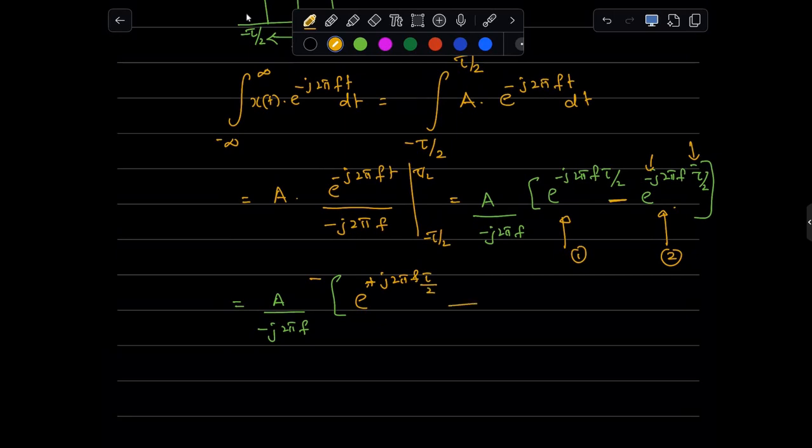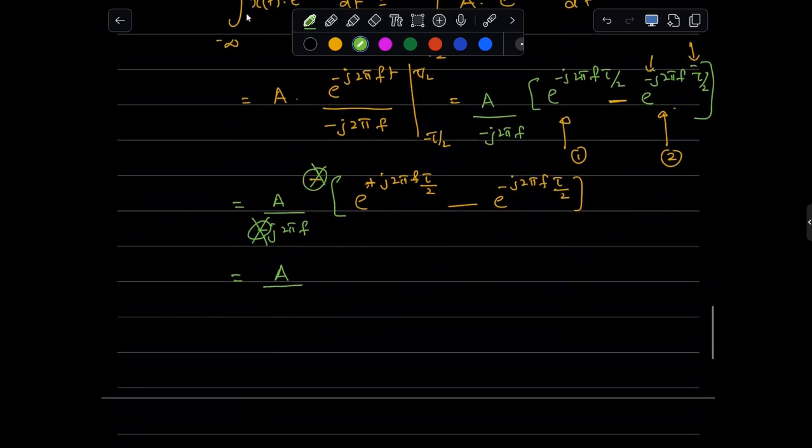Then the second part will become minus e power minus j 2 pi f into tau over 2. Now I can cancel out these minus signs. There is a minus sign here, there is a minus sign here, so I will cancel it. So this will become a over, and also I can move this 2j here.